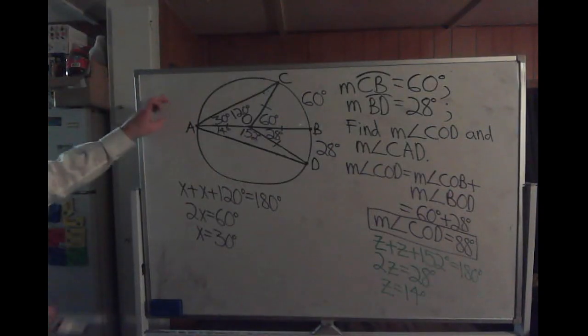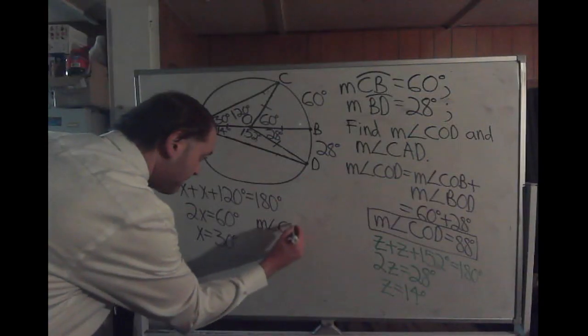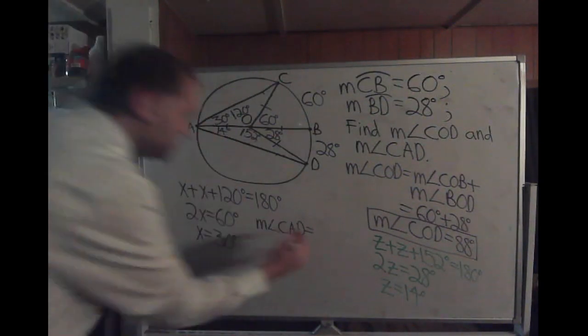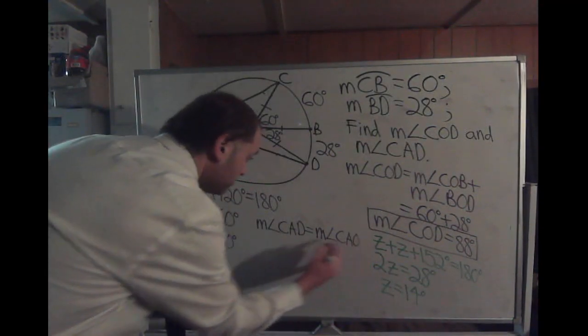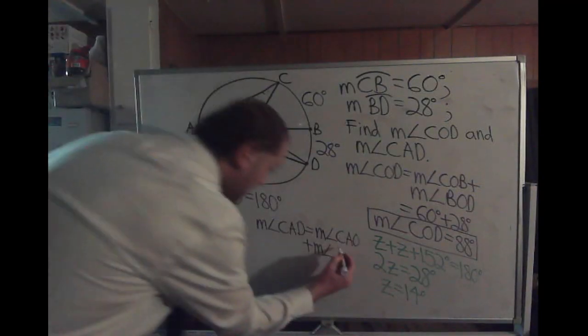Now for the final part, we're just simply going to figure out the measure of angle CAD, which of course is equal to the measure of angle CAO plus the measure of angle OAD.